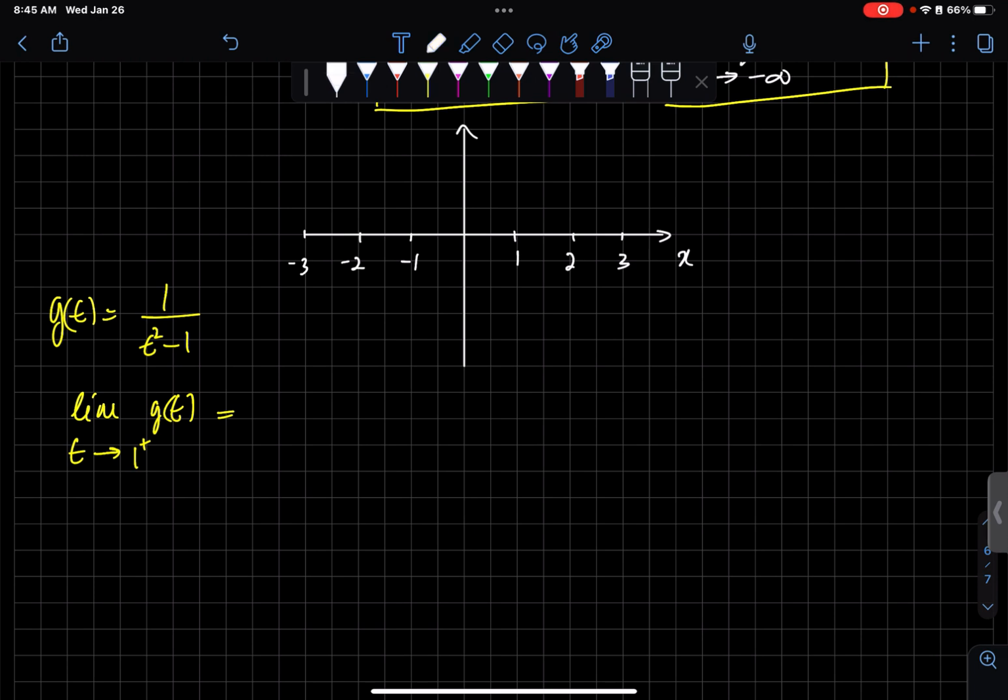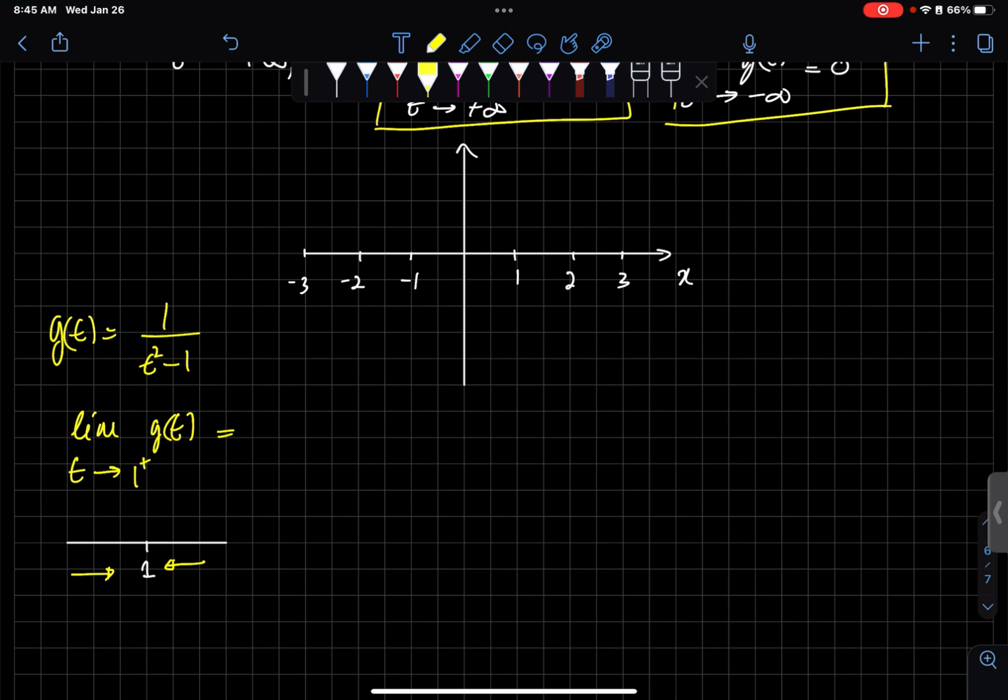So basically we have a number line, and this is 1. We're trying to figure out what's happening as we get closer from the right as well as from the left.